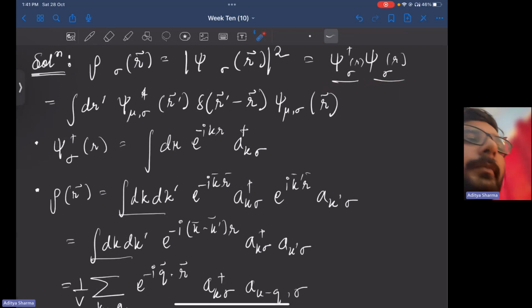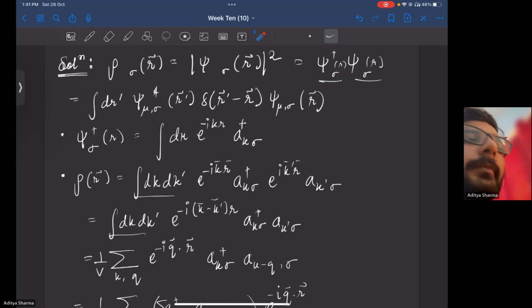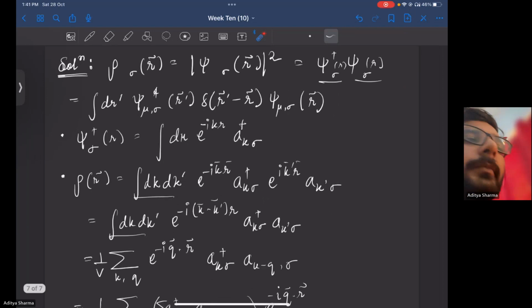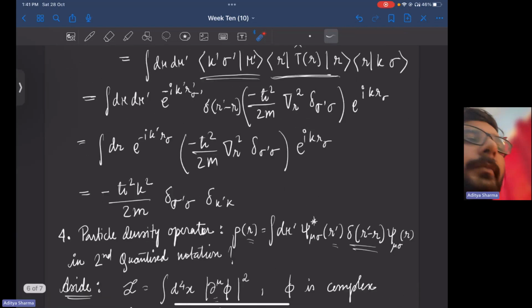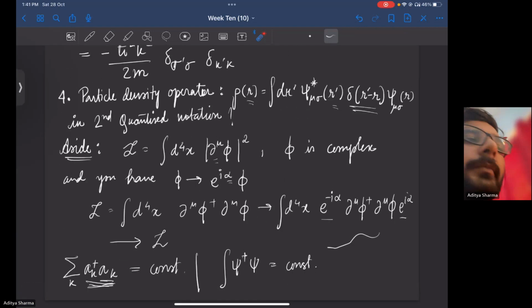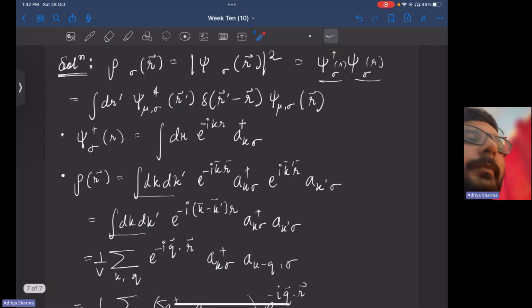So you do rho of r. Here it will depend on the Lagrangian.